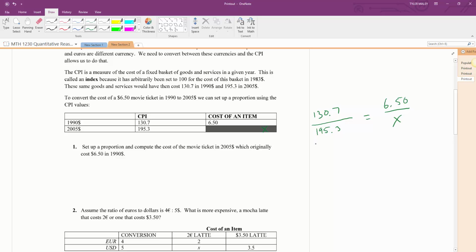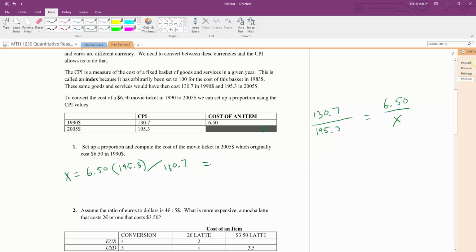That will answer number 1. What we have left to do is solve for x. If we cross multiply, x would be equal to 650 times 195.3 divided by 130.7.